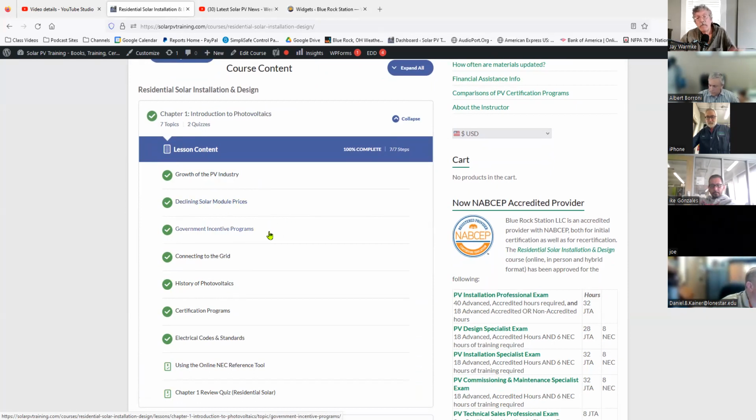Government incentive programs, well, we just saw a lot of changes because of the Inflation Reduction Act. So some of the text in there is a little bit out of date, where they've increased it back up to 30% for the next 10 years.